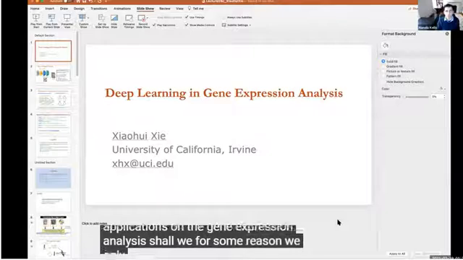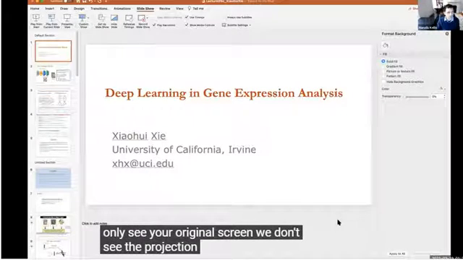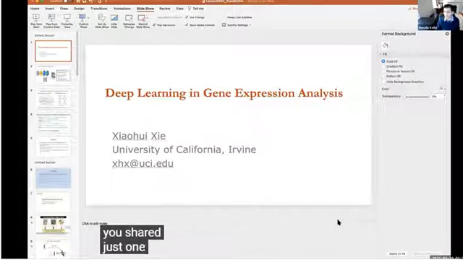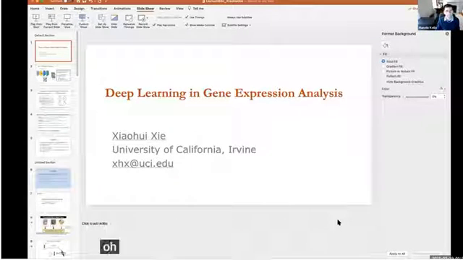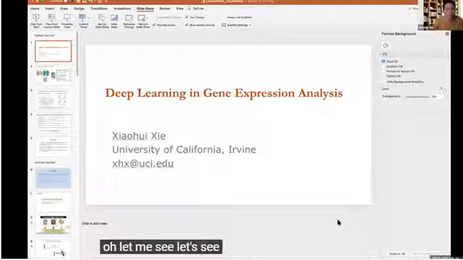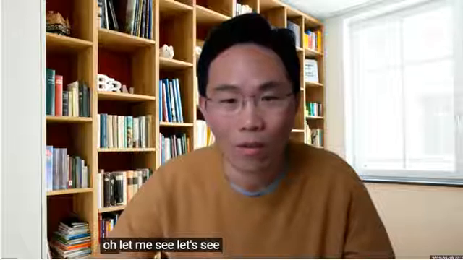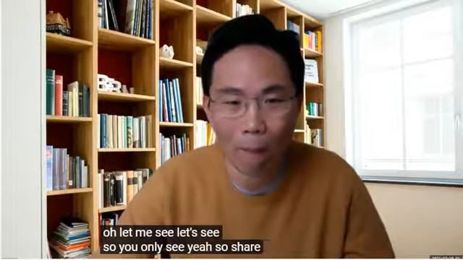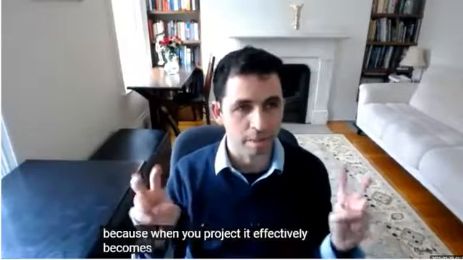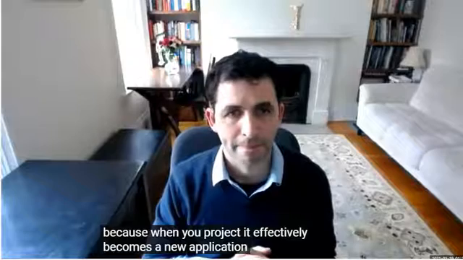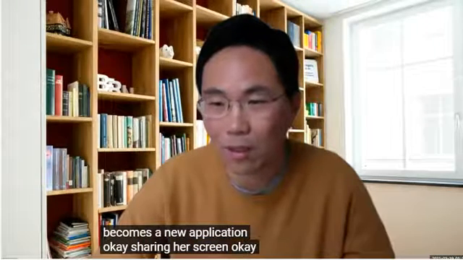So Xiaowei, for some reason, we only see your original screen. We don't see the projection. So I don't know if you shared just one application rather than sharing your screen. Oh, let me see. So you only see. Yeah, so share your whole screen rather than just the application, because when you project, it effectively becomes a new application. Okay, share the entire screen. Okay, let me see. Exactly.